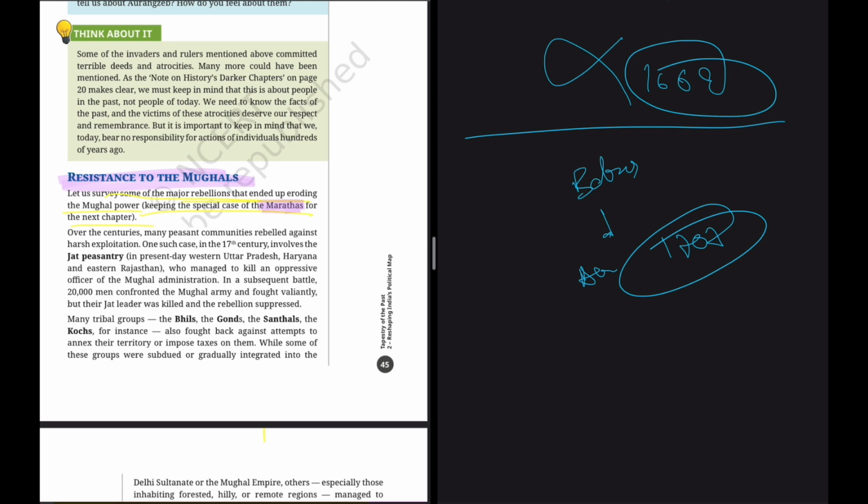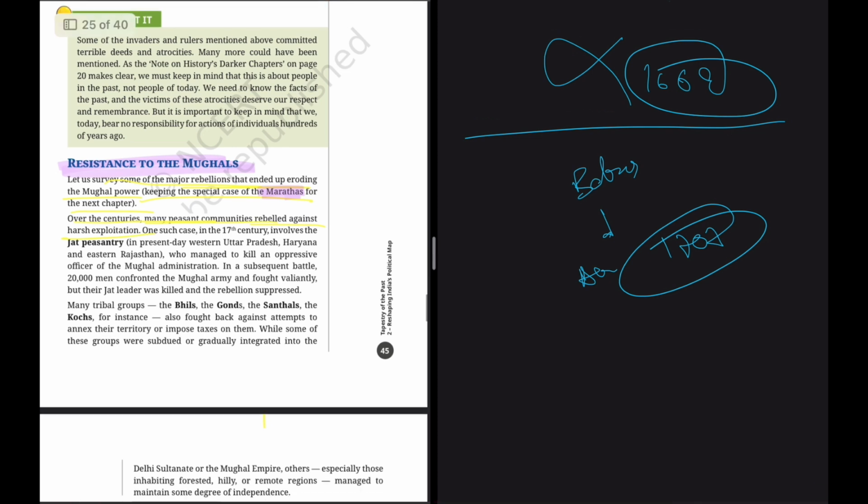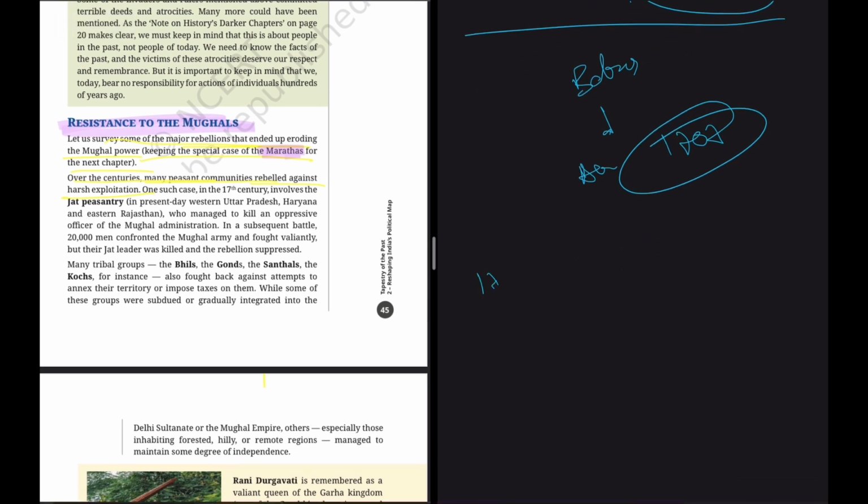So over the centuries, many peasant communities rebelled against harsh exploitation, and one such case in the 17th century involves the Jat peasantry, in present-day western Uttar Pradesh, Haryana and eastern Rajasthan, who managed to kill an oppressive officer of the Mughal administration.